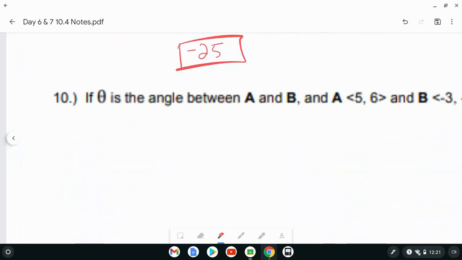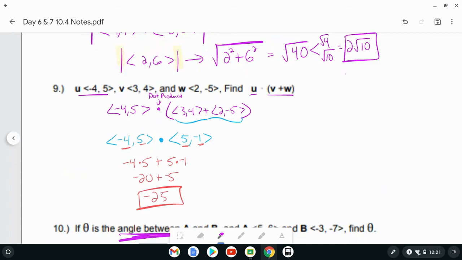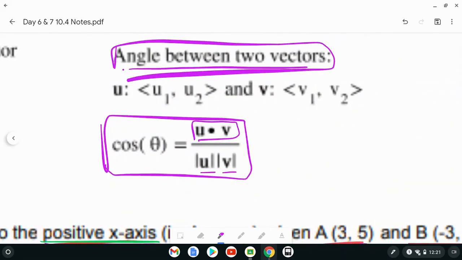The last problem we're going to do here says if theta is the angle between vector A and vector B, we want to find angle theta. Well, again, let's go back to our formulas up top. Angle between two vectors, right here, let's use this formula.